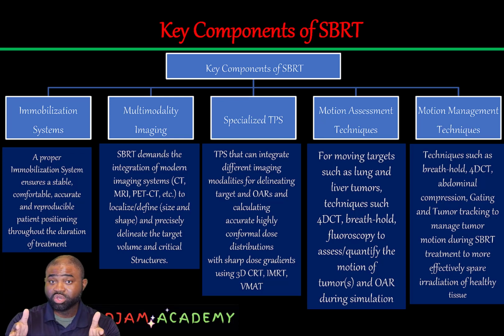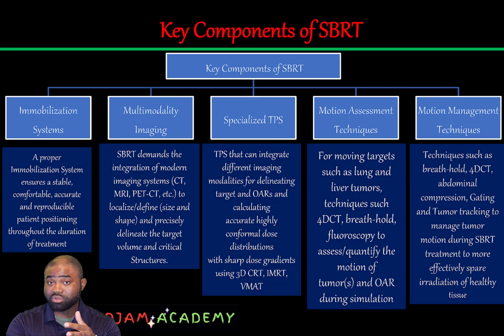And lastly, we should not just be able to quantify the motion of the target. We should have techniques in place that can manage motion during treatment delivery. Typical techniques that are used across different cancer centers around the world: the most common one is 4D CT, and we're going to talk about this in quite some detail in our part on motion management.